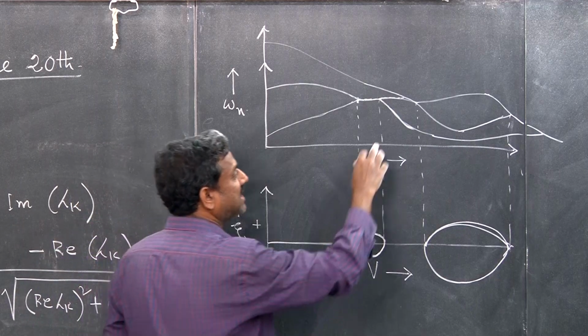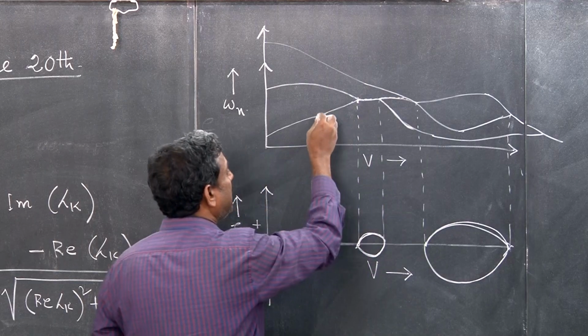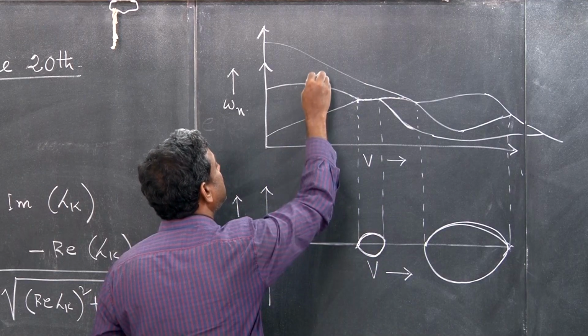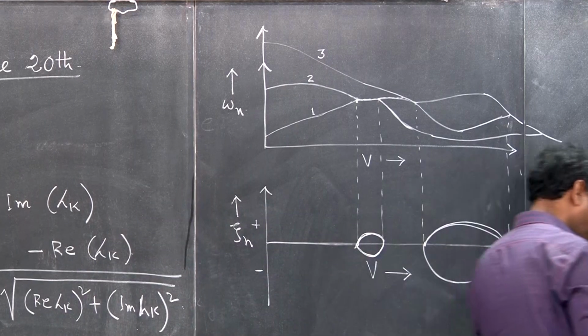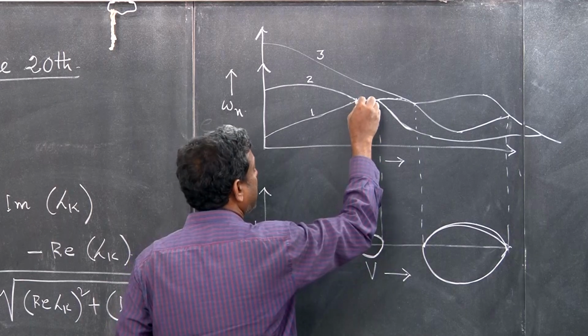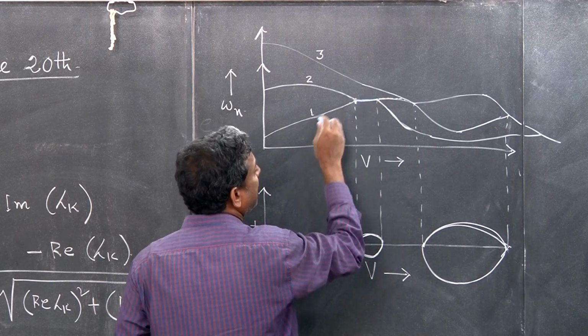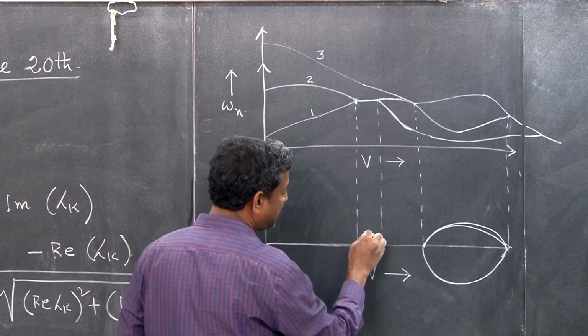Okay, and then once again it is bifurcating. If I denote this as the first mode, this as the second mode, this as the third mode, you see that it is the coalescence of the first and second mode which is triggering flutter here. You see that it's the coalescence of the first and second mode which is triggering flutter. This is the coalescence of the first and second mode.